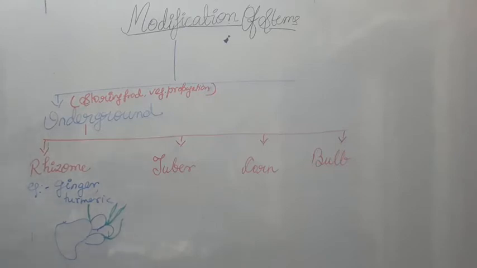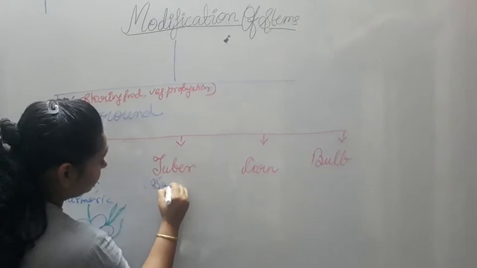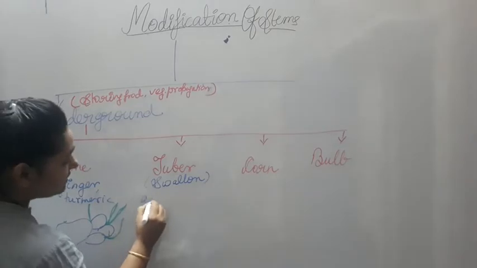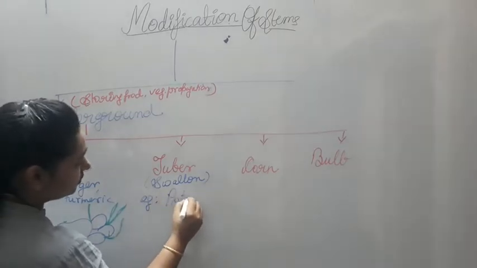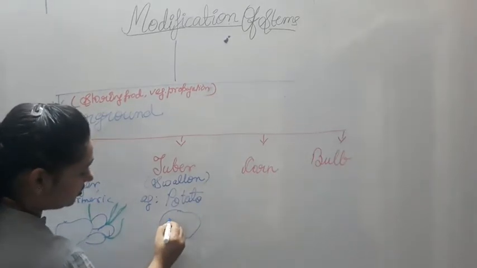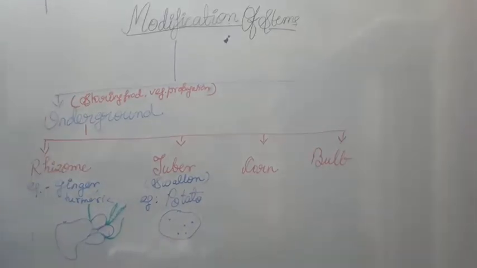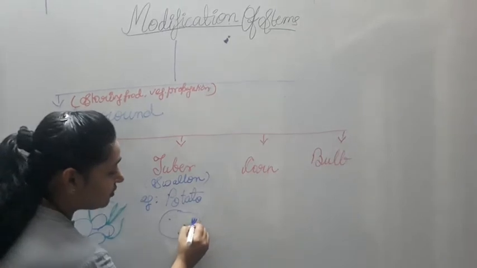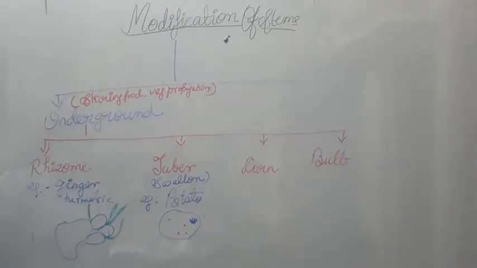Now let us see the second one, which is your tuber. Tuber is like a swollen part. For example, potato. You might have seen tuber-formed structures like potatoes. They are also specialized, meant to store food, and they have some bud kind of structures on their surface which further develop the shoot and the leaf.